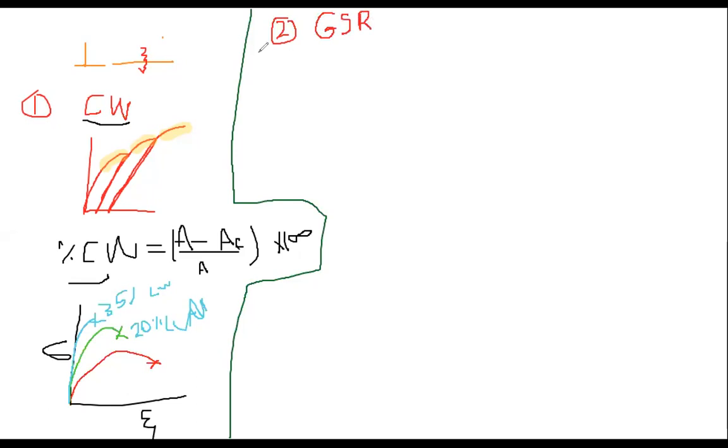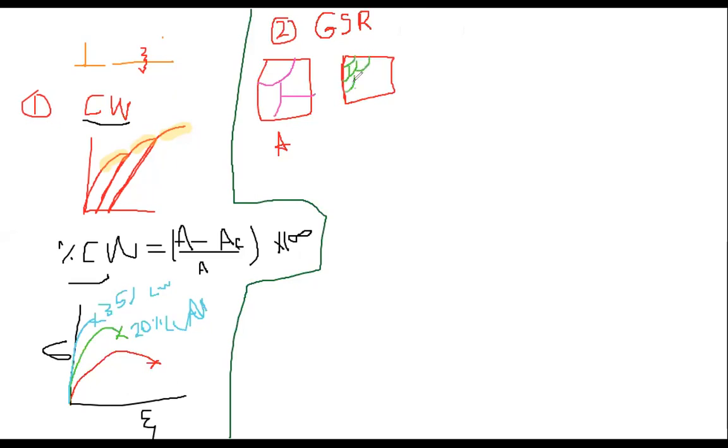Okay. So if you compare material A with material B, in material A, you have a larger grain size, and you want to compare this with material B that has a smaller grain size.